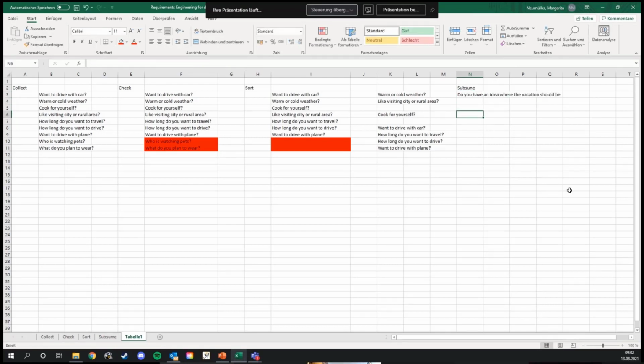Here, it's like Gabi said, the implication of what type of housing the vacation should have. Is it a hotel, or an apartment or house, or something near a restaurant? So I would ask, where do you want to sleep?